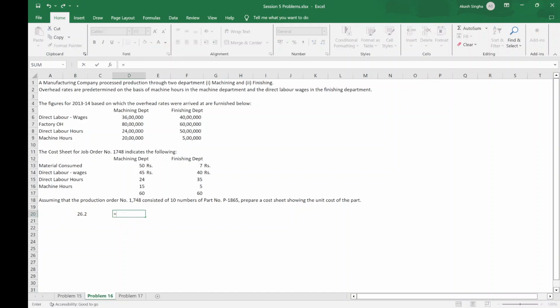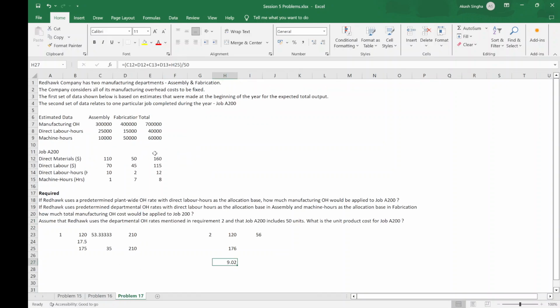If you see, just 50 plus 45 plus 67 plus the rest, 262 rupees is the total cost, and 10 parts are created. So dividing by 10 you will get 26.2.